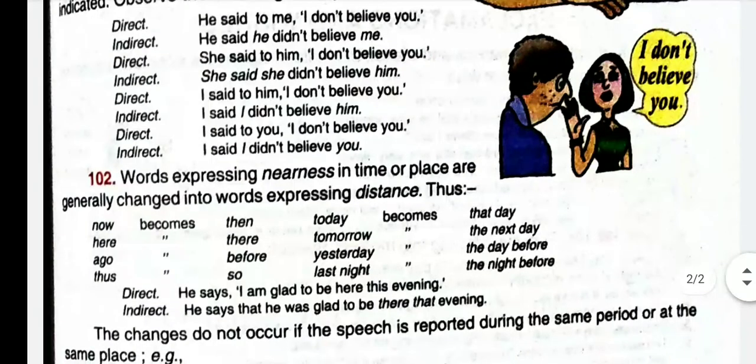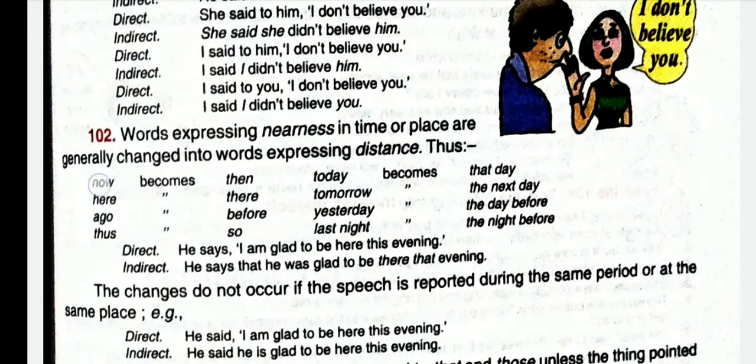Before ending, you can see these expressions that change as well. Now will become then. For example, I am busy now. He said, I am busy now. So when you change it into indirect speech, you will say he said that he was busy then.